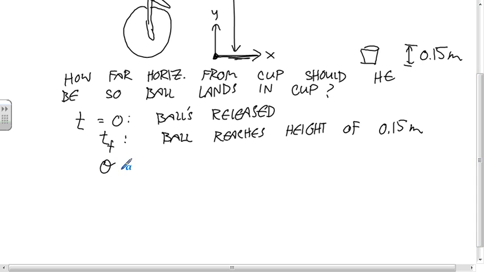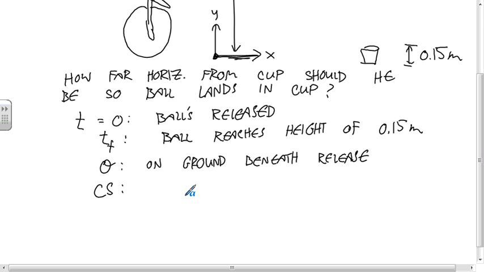So the origin is on the ground beneath the release point, and the coordinate system orientation is the y-axis up, x in the direction of the motion.